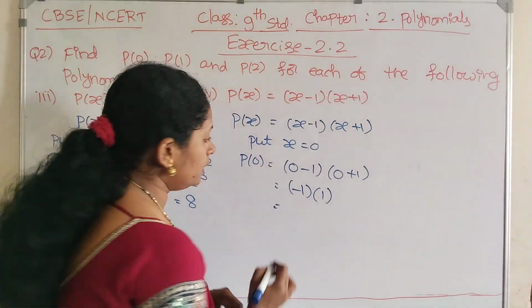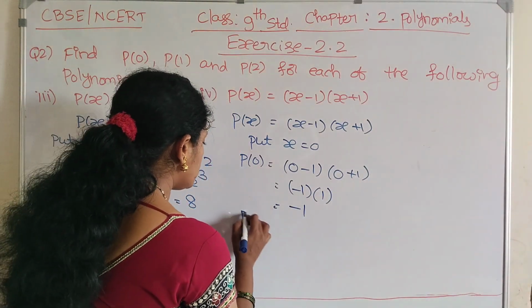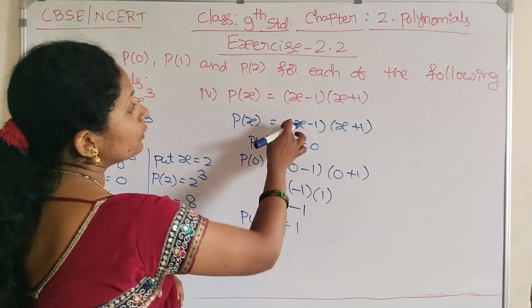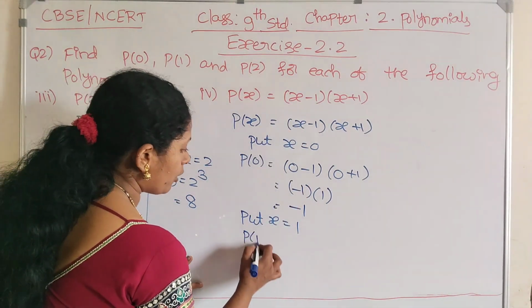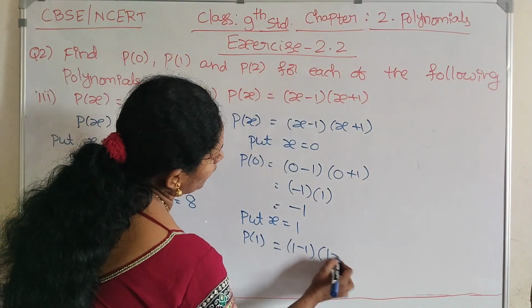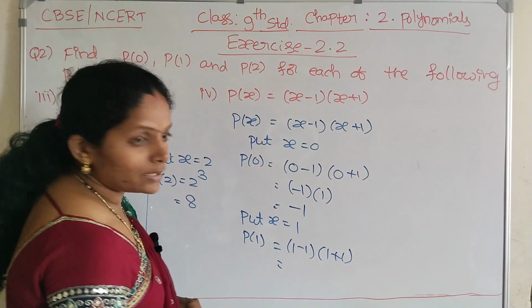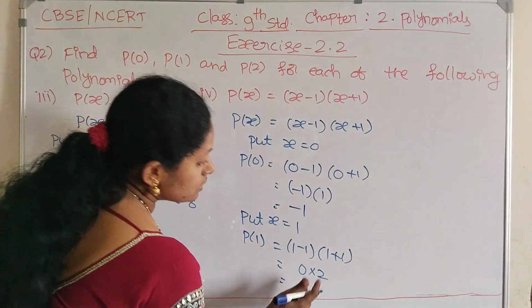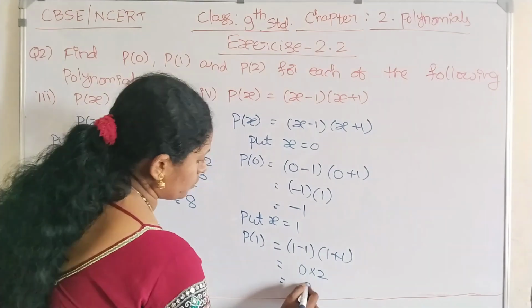Minus 1 into plus 1 is minus 1. Next, put x is equal to 1. If we put x is equal to 1, then P of 1 we can get 1 minus 1 into 1 plus 1. 1 minus 1 is 0, into 1 plus 1 is the 2. 0 into 2 is the 0.